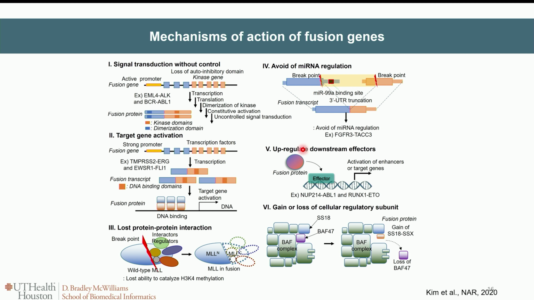The other mechanism is when the fusion protein affects a very important downstream effector in the cell, and this effector can affect its targets. If we can target the fusion together with the downstream effector, then it can be better. Or sometimes one of the subunits of an important cellular complex can also form fusions, and then naturally it can lose its usual function.